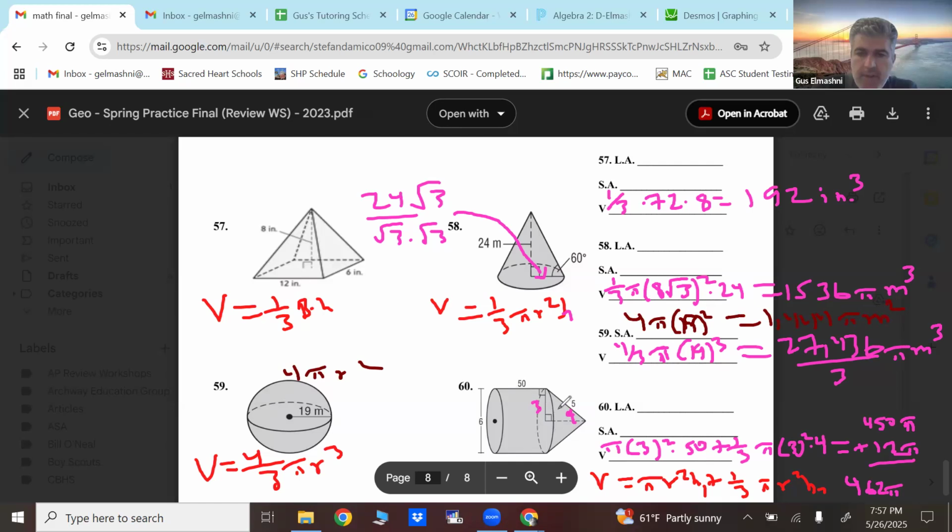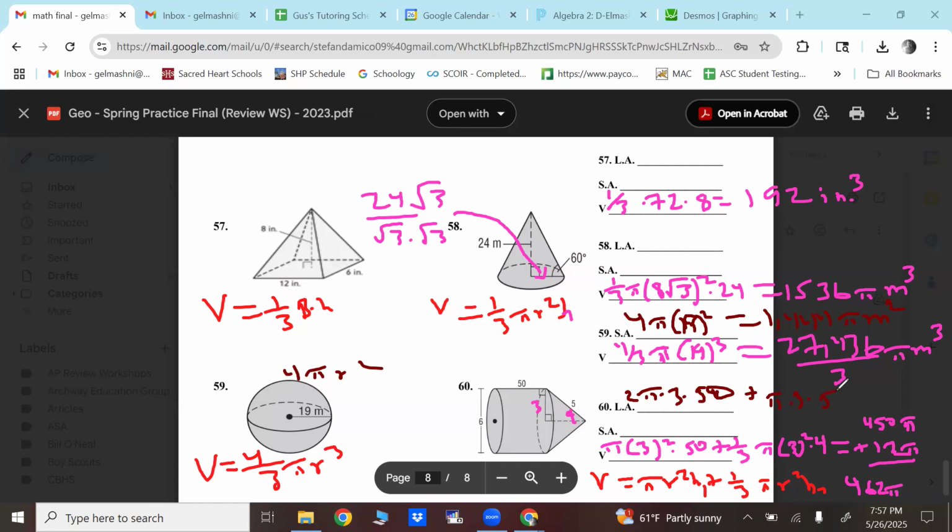Lateral area, that's just going to be the cylinder and the cone. That's going to be 2 pi r h, so that's 2 pi times 3 times 50, plus pi r l, pi times 3 times 5.